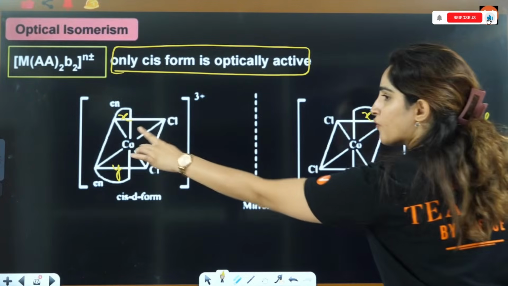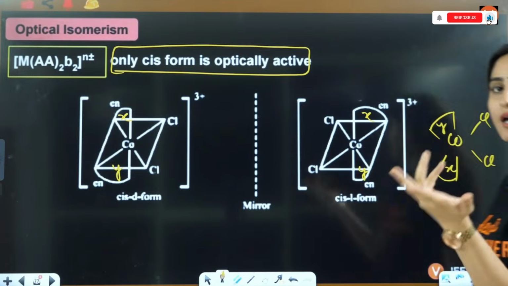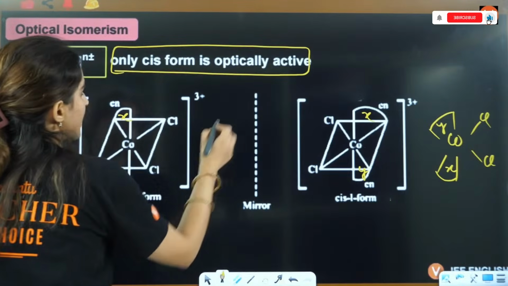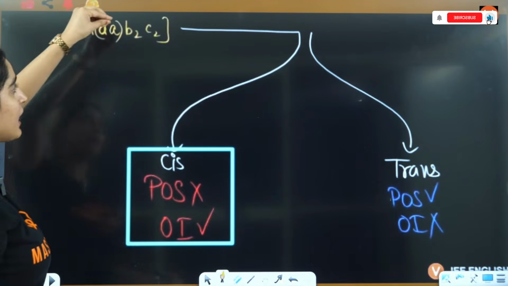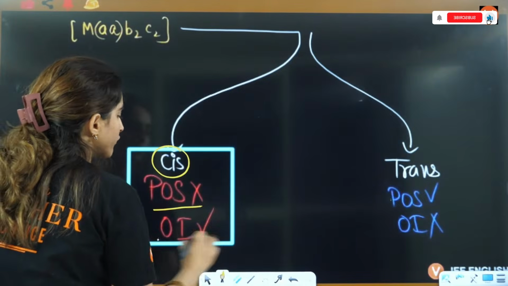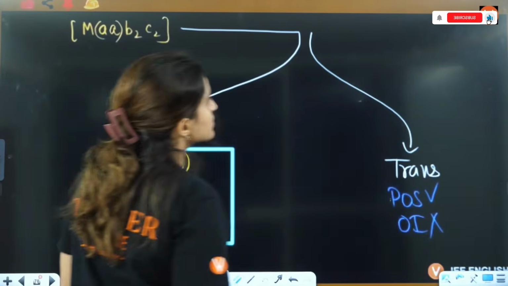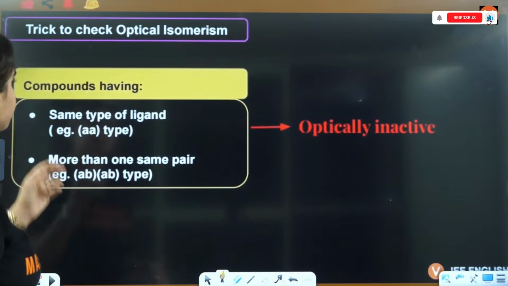So X is overlapping Y, Y is overlapping X. So they are non-superimposable mirror images. That's why they are optically active, right? Then you have (AA)B2C2. Here also the cis form is going to give you optical isomerism, the trans form is not going to show it, in a similar way, right? Okay.